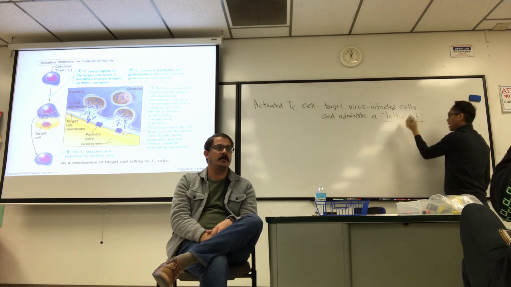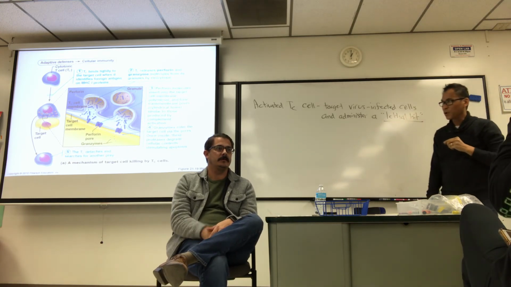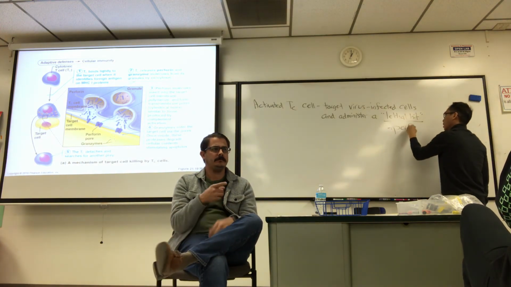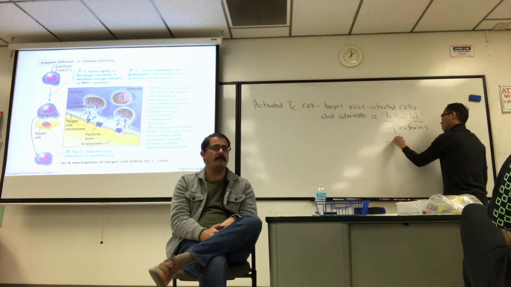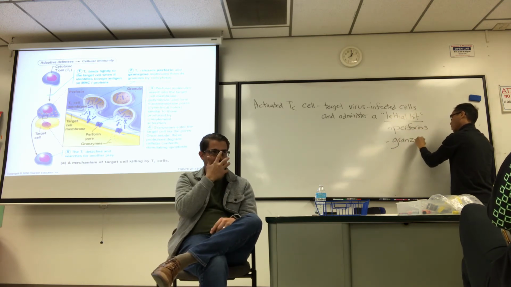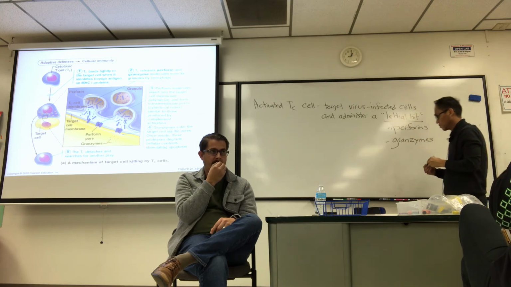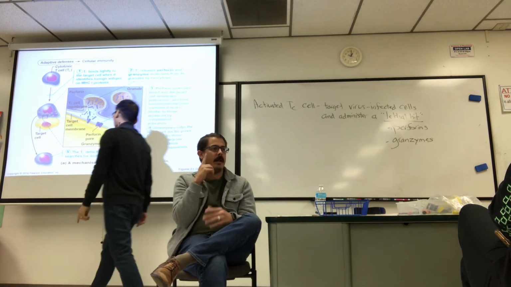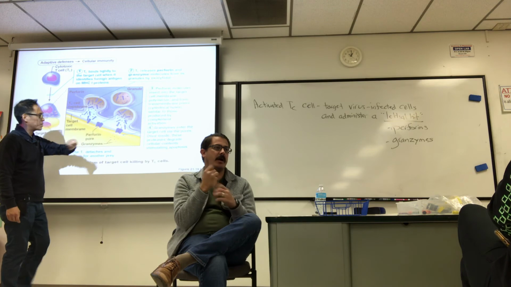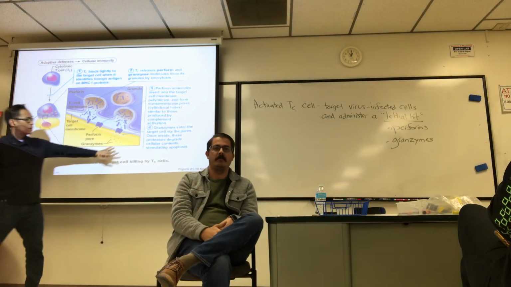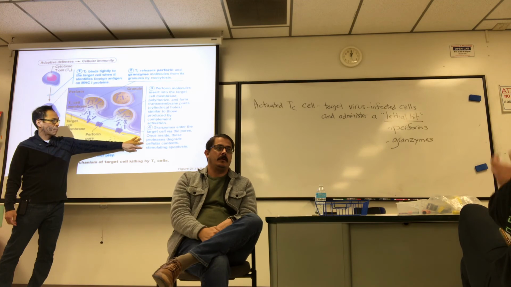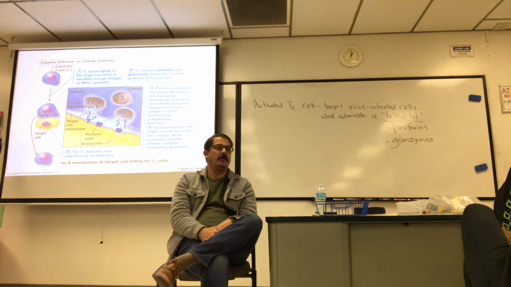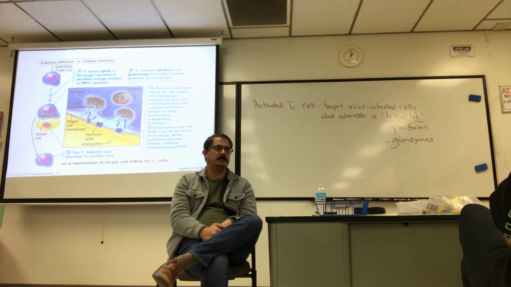So when we say lethal hit, what we really mean is pay attention to the perforins and granzymes on this figure. The perforins perforate, they punch holes. That allows the granzymes to enter. And the granzymes, they kill the cell. They are proteases that degrade cellular contents, and they stimulate the apoptosis of the target cell, the virus-infected cell, the cell you're trying to destroy.